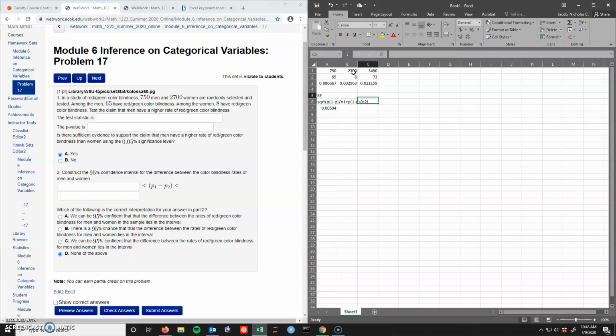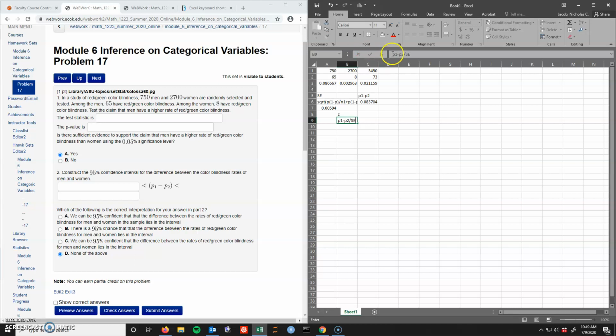Let's see. Rather than just jump to the Z, let's do the P1 minus P2, since I'm going to have to do that in a second, right? So I'm going to do equals, do that one minus that one. So that's the difference between those two proportions. Pretty big. So then my Z is, of course, let's write it out, P1 minus P2, all divided by the SE.